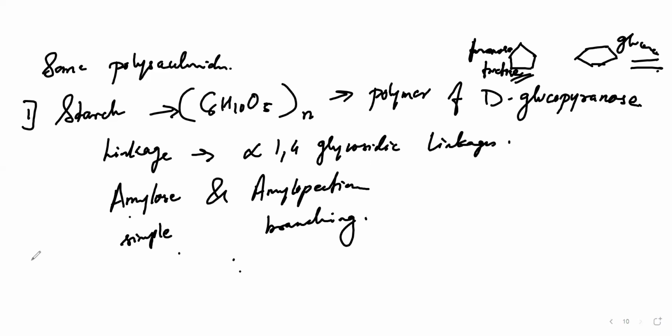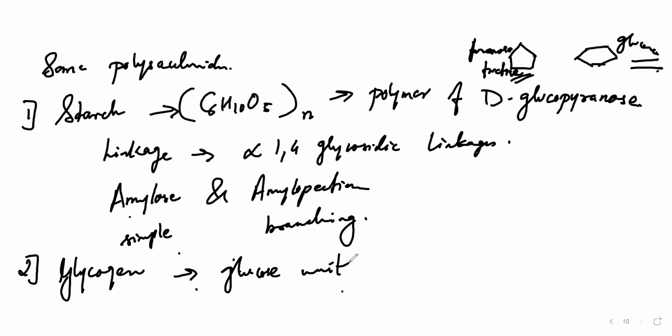Then the second one, which is mostly present as the storage polysaccharide of animals, is glycogen. This is also made up of glucose units itself. So in plants, the storage polysaccharide is starch, whereas in animals, the storage polysaccharide is glycogen. Then we have the next one, which is cellulose.